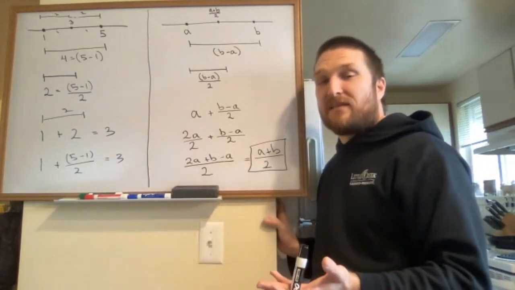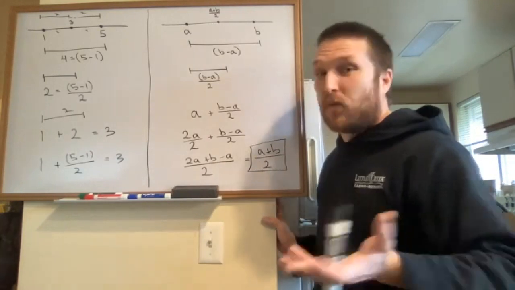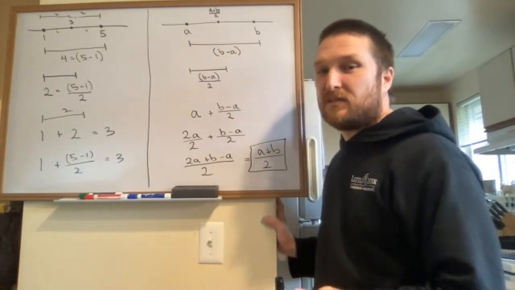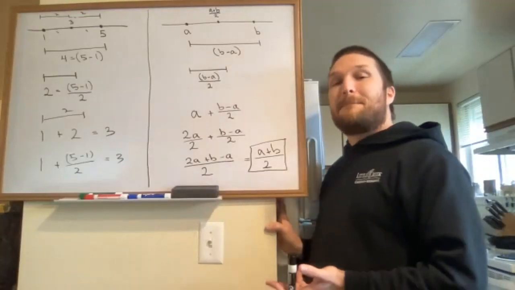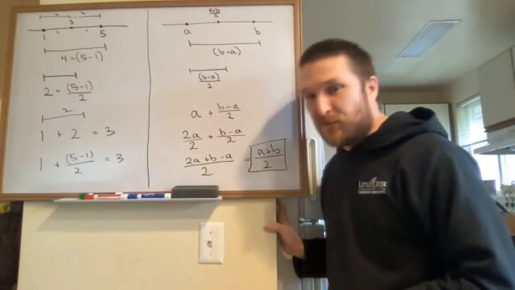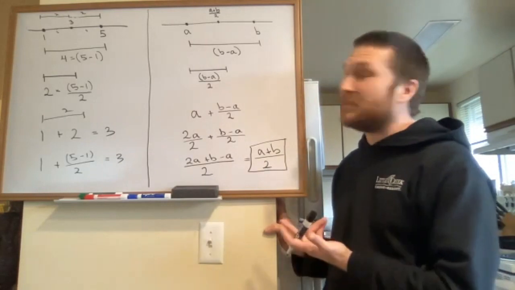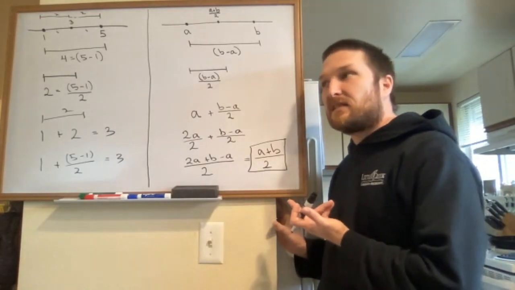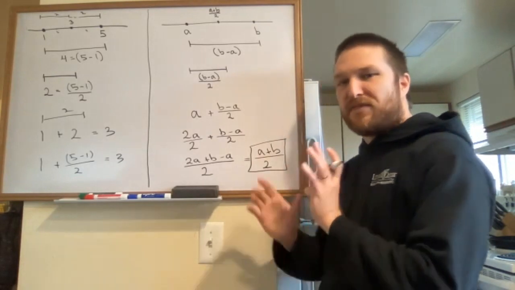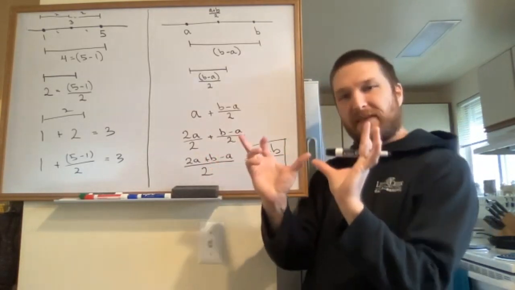If you wanted to know your average of those two quizzes, you would just add them together and divide by 2. Or you would find the midpoint between those two numbers. It's the same thing. Just when we think about midpoint, it's more geometric, right? We're thinking about distances and stuff like that.